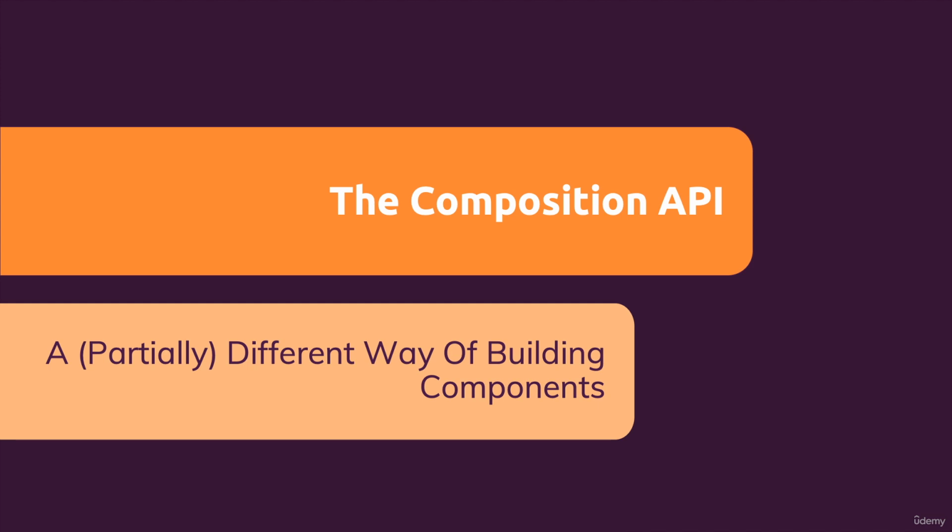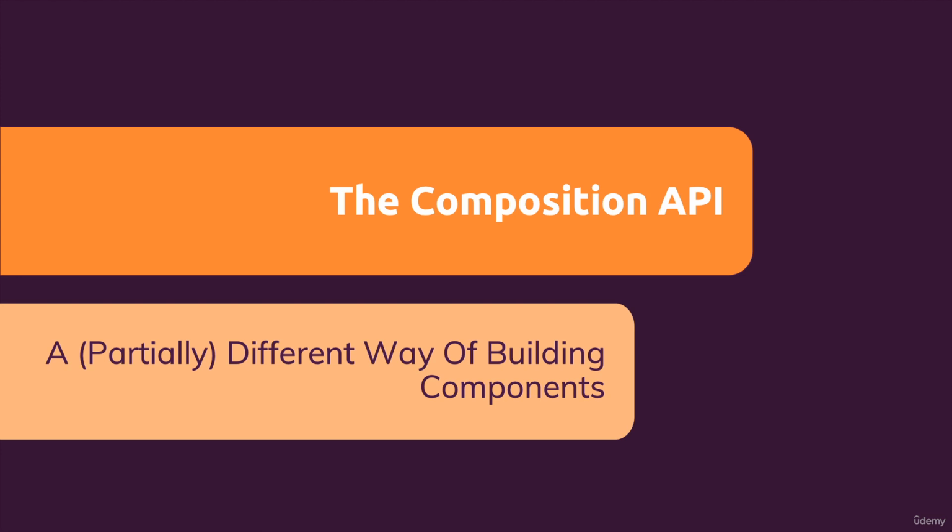The template, the styling, that stays the way it is. The props and custom events concepts, that stays the way it is. The JavaScript code you write, that however changes if you use the Composition API. And I will also already say the Composition API is 100% optional. You don't have to use it.